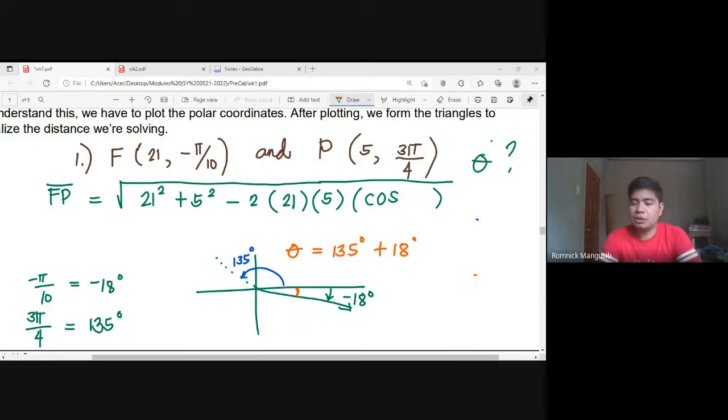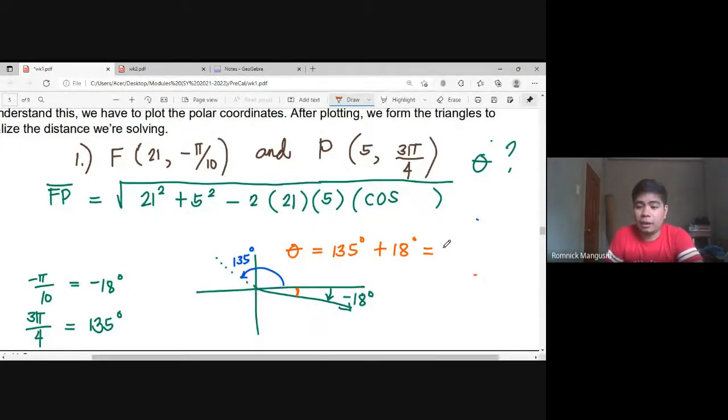Kapag tinanong na sa inyo ang included angle, sa madaling salita, yung buong angle, regardless of the rotation, positive or negative, treat them as positive because we're now referring to the measurement of the angle. And that will provide us 135 plus 18 is 153, right?